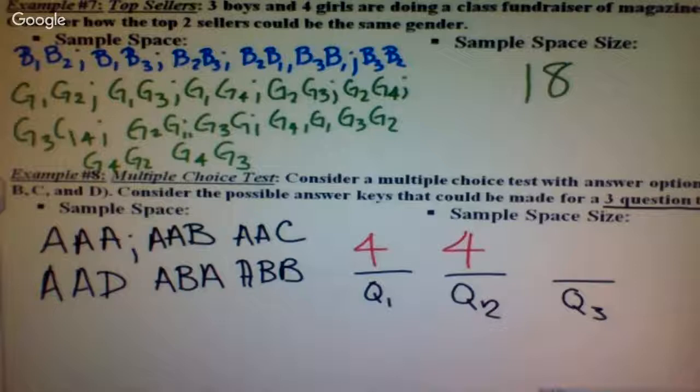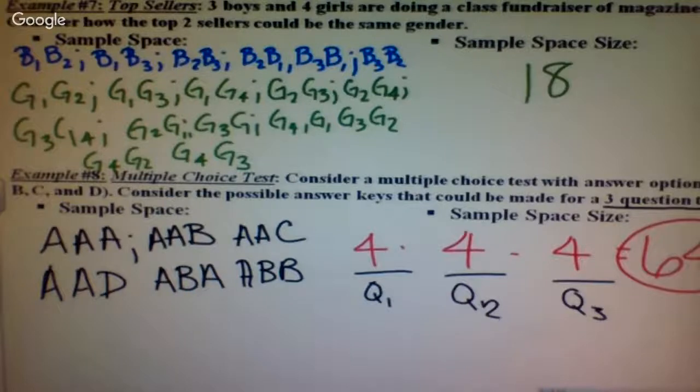And 3? I have 4 options and 4 options and another 4 options for a grand total of 64 answer keys I can make for a test with 3 questions and 4 choices. So you kind of want to make spaces for what you're doing, and on top you're going to put your options.